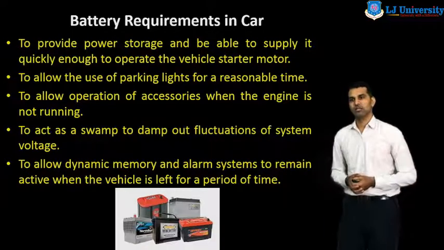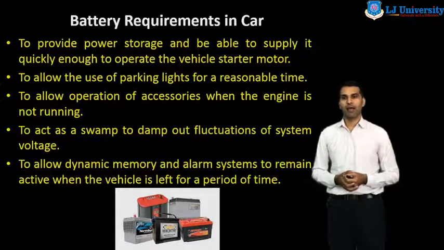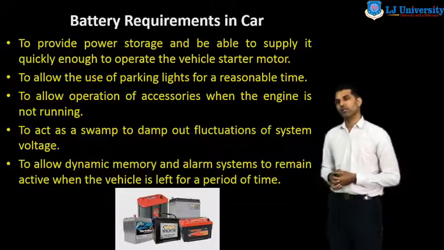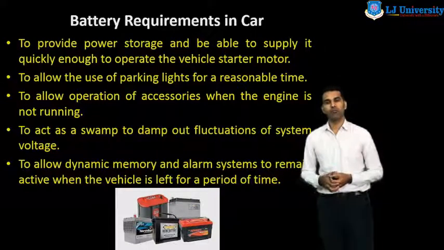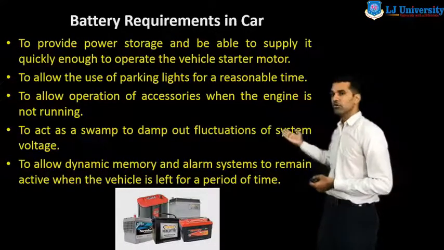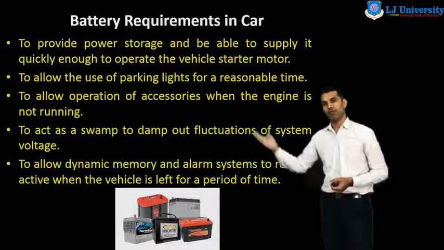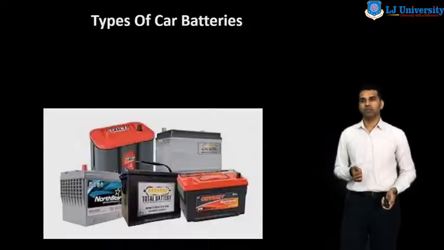And the last one is to allow the dynamic memory and alarm system to remain active when the vehicle is left for a period of time. Because of this, we use the battery inside the car, or we can say these are the applications of the battery inside the car.